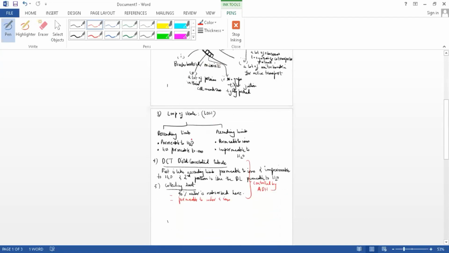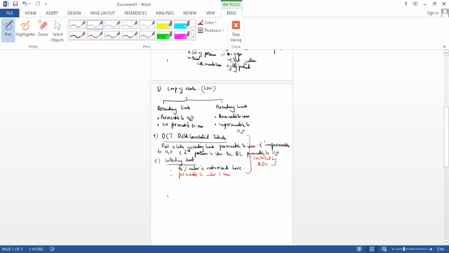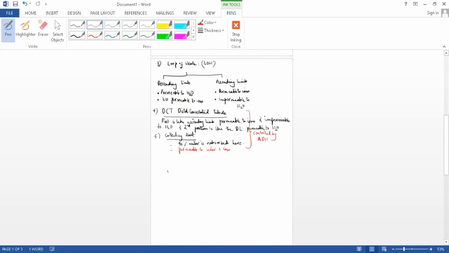Then in the loop of Henle, the descending limb is permeable to water and the ascending limb is permeable to ions. In the distal convoluted tubule, the first portion is permeable to ions like the ascending limb, and the second portion is permeable to water like the descending limb.